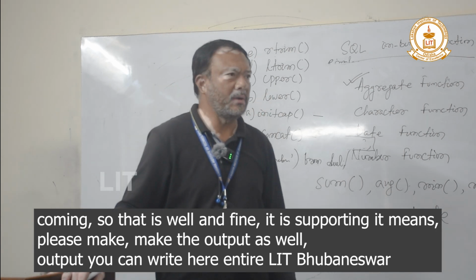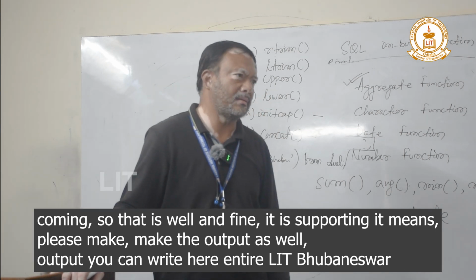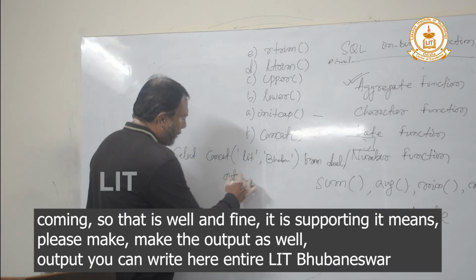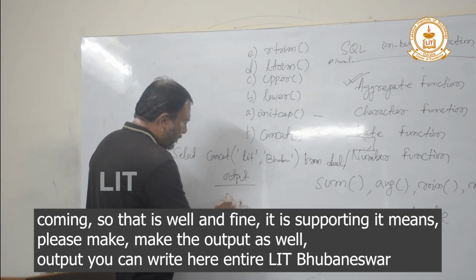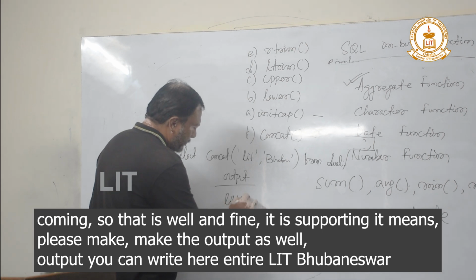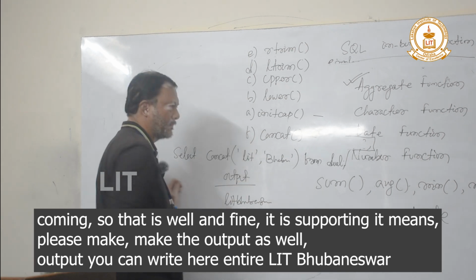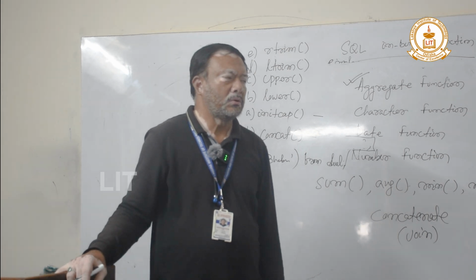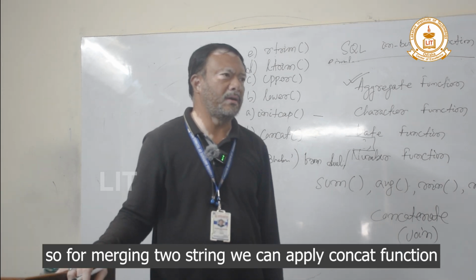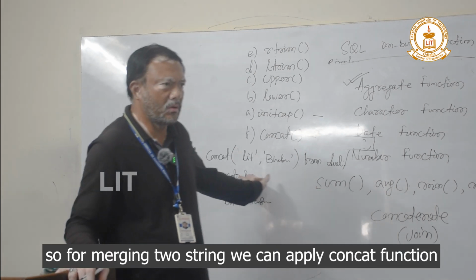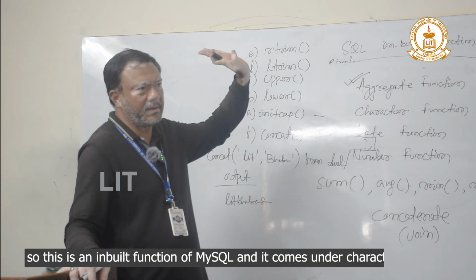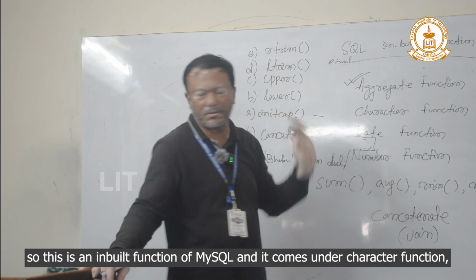It is coming, so that is well and fine. Write the output here: LIT Bhubaneswar. So for merging two strings we can apply the concat function. This is an inbuilt function of MySQL and comes under character functions.